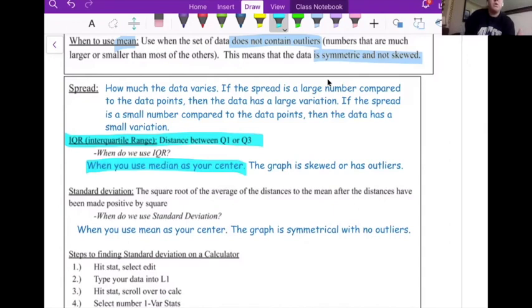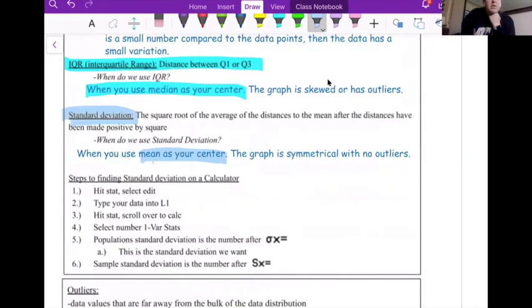We use standard deviation, which we're going to talk more about, if the center is the mean. The standard deviation is the square root of the average of the squared differences to the mean. It's a long definition. Basically, this is how your calculator calculates the standard deviation for you.